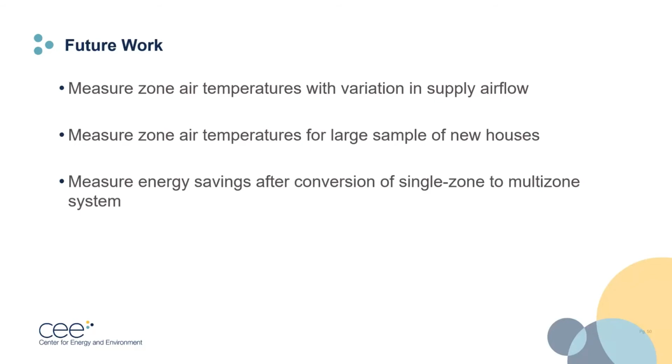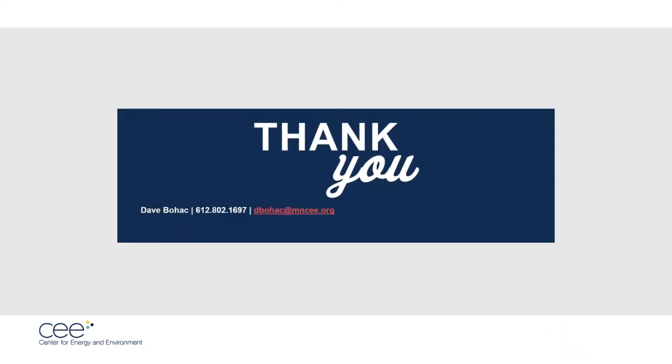And then zone temperatures for a large sample of new homes are necessary in order to establish what the potential is for the energy savings of a multi-zone system over single zone systems. And then a final confirmation of savings could be obtained by converting single zone systems to multi-zone and comparing the pre-post energy use. And with that, that wraps up the webinar.